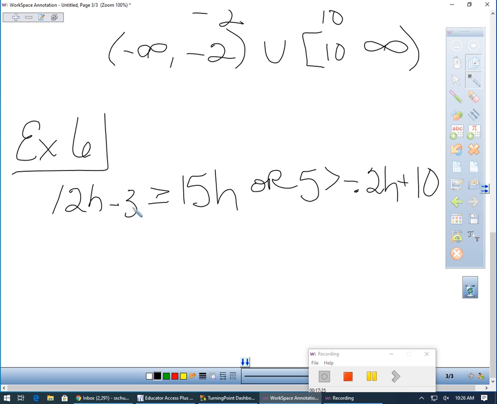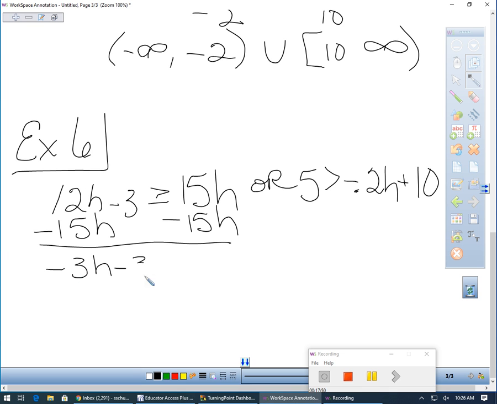I'm going to start by moving my h to the left. I'm going to subtract 15h from both sides. I have negative 3h minus 3 is greater than or equal to what? Good. I'm going to add 3 to both sides. I have negative 3h is greater than or equal to 3.